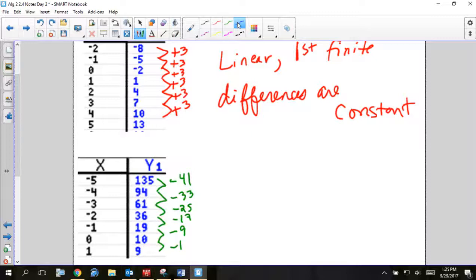So I went through and I found my first differences. And was it constant? No. So then we go and we do a second round.